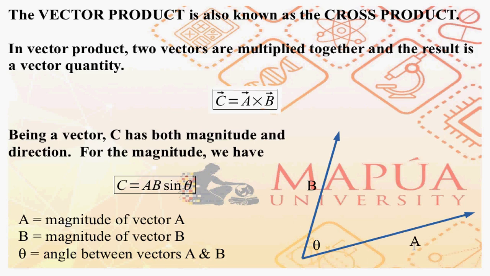So, first vector A, second vector B. If you reverse the multiplication, B cross A, B will be the first vector and A will be the second vector. So please take note of that. That will be very important in using the right-hand rule. So in this equation, A cross B, A is the first vector, B is the second vector, and C, of course, is the vector product.